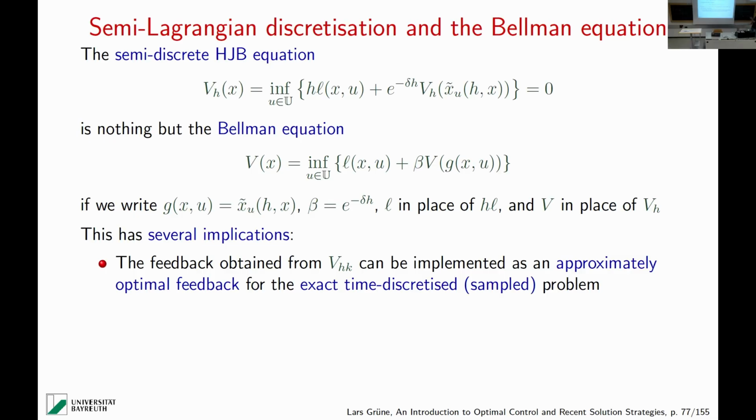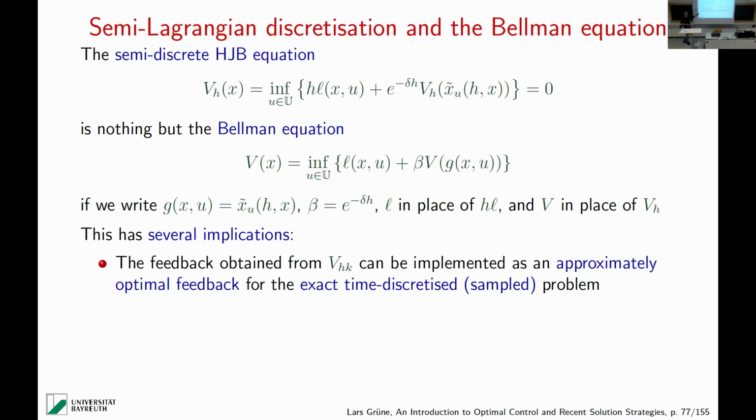And this has several implications. First of all, the feedback that you get from VHK can be seen as an approximately optimal feedback for the exact time-discretized, sampled problem that I explained yesterday. This is precisely the reason why we can give error estimates, because we can interpret what we get from this approximation as something that is valid for the discrete time problem.